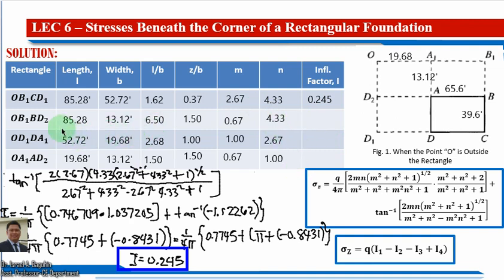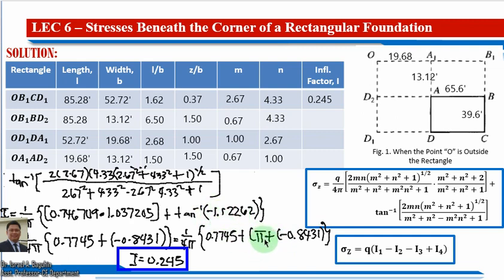Okay, so for our next rectangles, actually for this OB1BD2 until this OA1AD2, their third term, the inverse tangent of this one, already has a positive value. So you don't need to add this pi to the result of this arctangent.